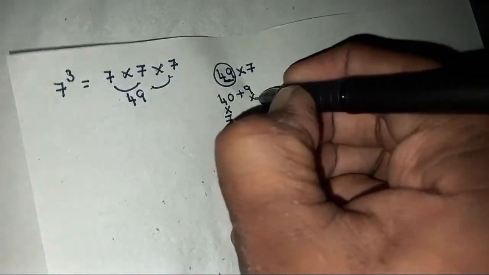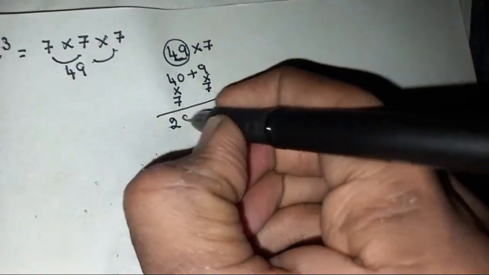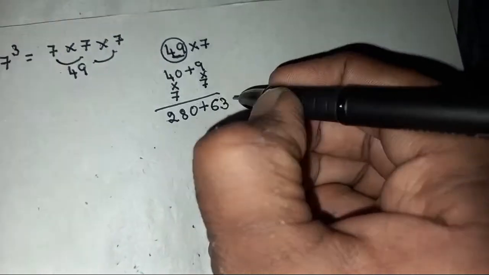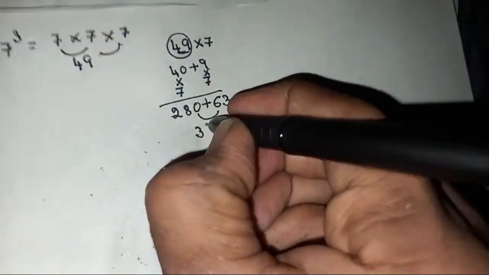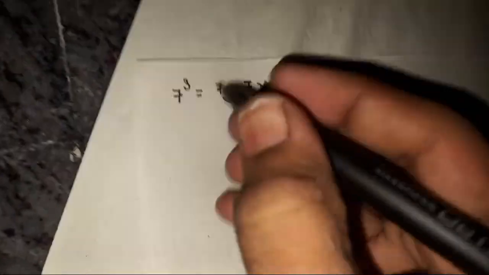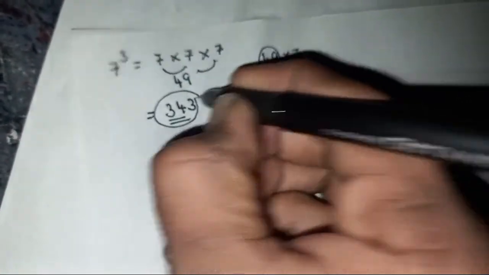Here also 7. Here also 7. 4 times 7 is going to become 28, so 280, plus 9 times 7 becomes 63. 280 plus 63, 343. This completely equals 343.